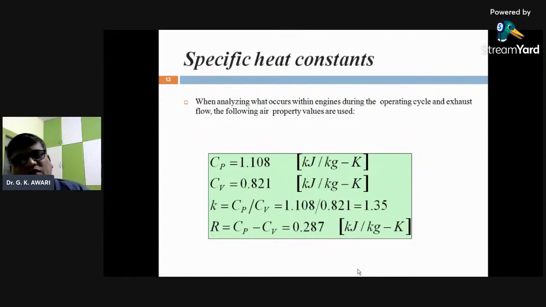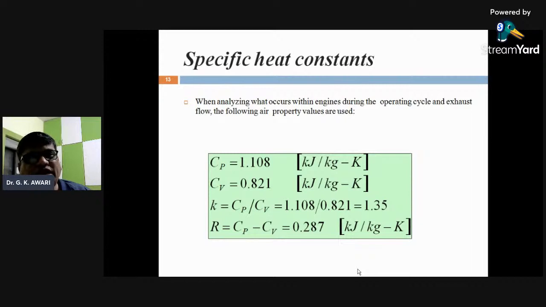Then the specific heat constants. When analyzing what occurs within the engines during the operating cycles and exhaust flow, the following air property values are used. The value of Cp is equal to 1.108 kilojoule per kg Kelvin, Cv is equal to 0.821 kilojoule per kg Kelvin, K is equal to Cp divided by Cv, which is 1.108 divided by 0.821, about 1.35, and R is equal to Cp minus Cv, the gas constant, which is 0.2887 kilojoule per kg Kelvin, or otherwise 287 joule per kg Kelvin.